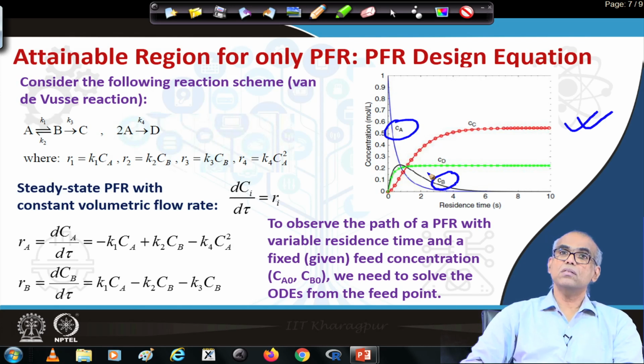These 2 trajectories will allow me to pick CA, CB values corresponding to various residence times and make a plot on CA versus CB concentration space.